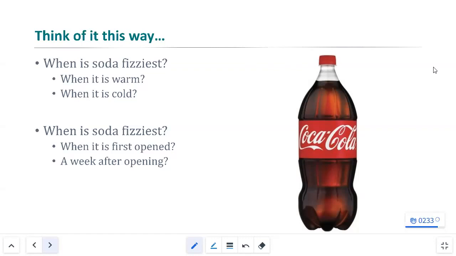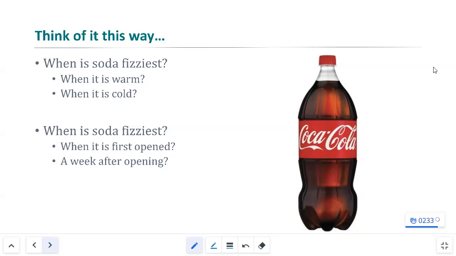And so, as soon as you open that bottle, what's the first thing that happens? You hear all the gases starting to escape. All that extra pressure that was put in on top to keep that carbon dioxide inside of the soda, well, that pressure's been released. And so what do you see? You see a whole bunch of bubbles forming inside of the bottle, and they start making their way out. Why? They're not dissolved anymore.